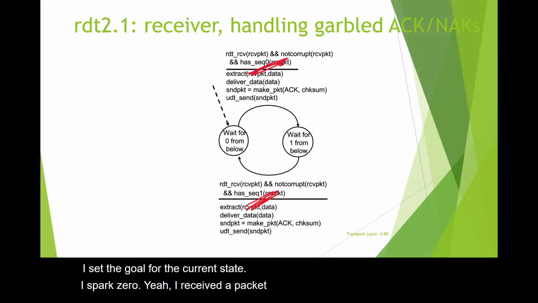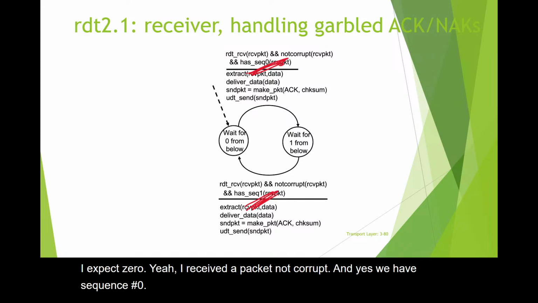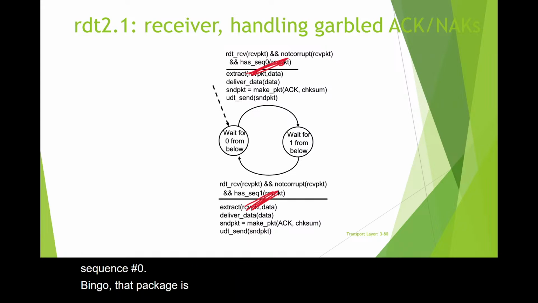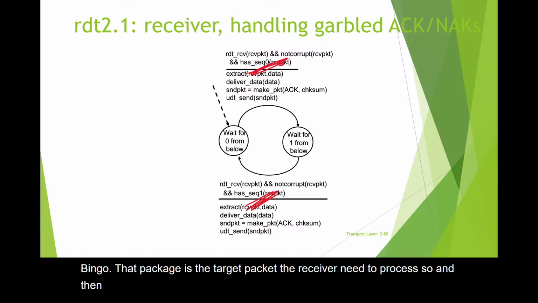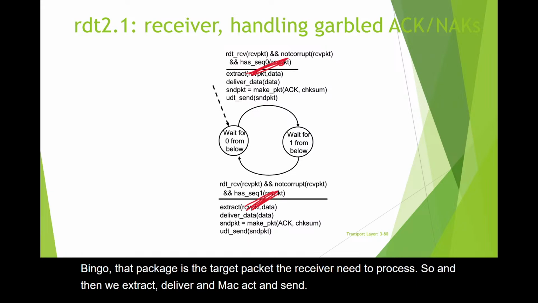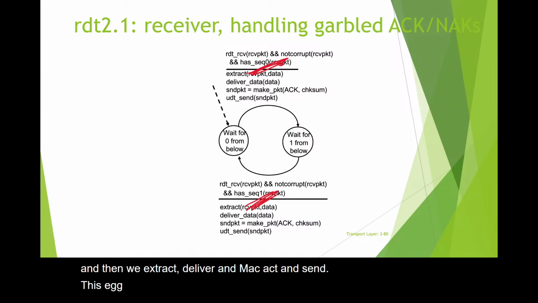And yes, we have sequence number 0. Bingo. That packet is the target packet. The receiver needs to process. So, and then we extract, deliver, and make ACK. And send this ACK to the sender. And likewise for sequence number 1, same, right?